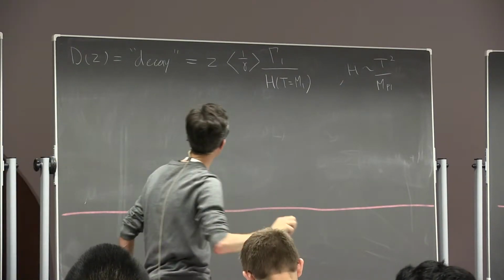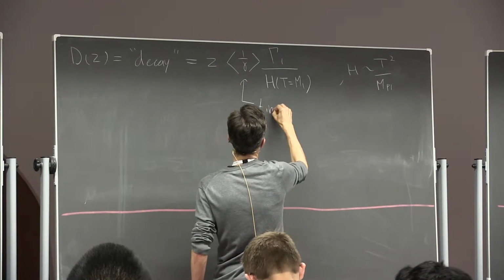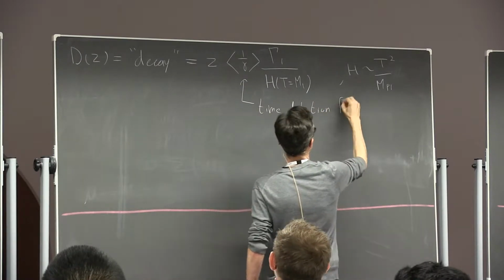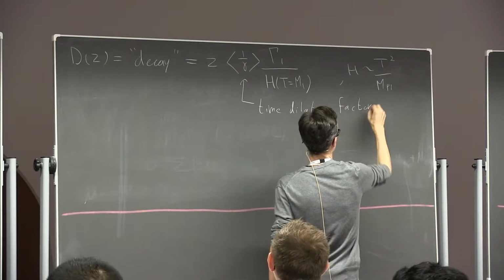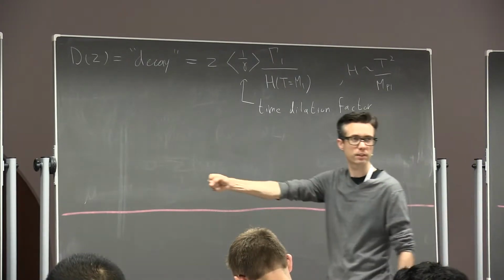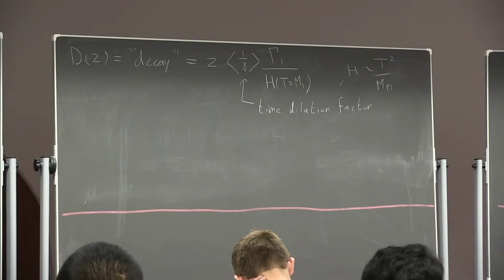So don't worry about this Z. And this 1 over gamma is a time dilation factor, and it's thermally averaged. What it's saying is that if my N1s are very relativistic, they're going to have effectively a longer lifetime because of time dilation.